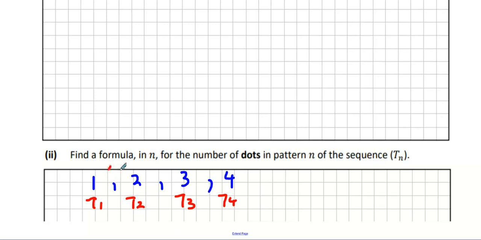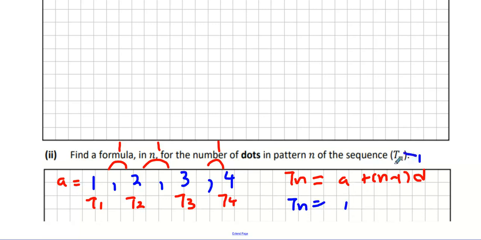Okay, it's an arithmetic sequence with a D value of 1 and an A value of 1 because the starting term is 1. So we're going to use Tn equals A plus (N minus 1) times D. And what we're going to get is Tn equals A, which is 1, D value is 1, and we just get N minus 1. 1 take away 1 is nothing. So Tn equals N. That is an arithmetic sequence, and that there is your formula.